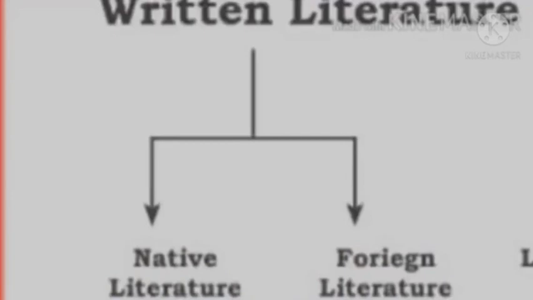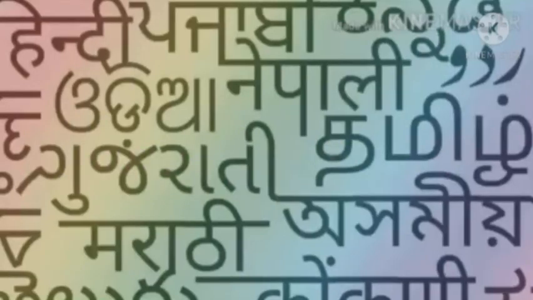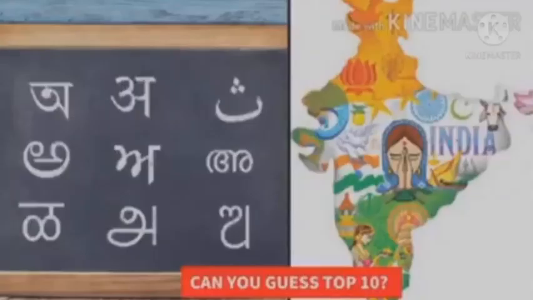There are two types of written literary form. One, native literature. Second, foreign literature. Native literature: the literature created by Indians in native languages like Sanskrit, Prakrit, Kannada, Telugu, Tamil, Hindi, Marathi, Kashmiri, Gujarati, Oriya, and many other native languages are the sources.